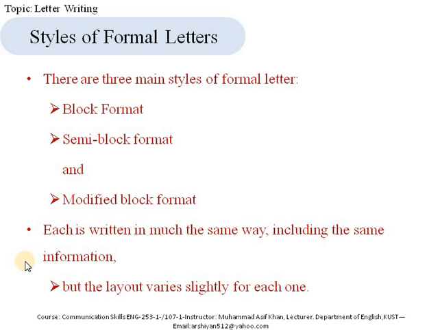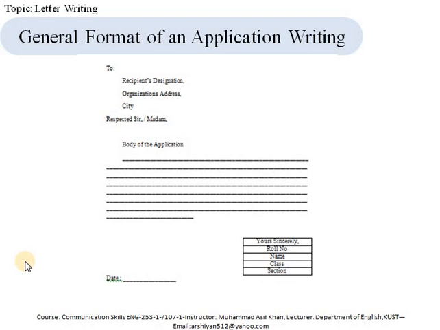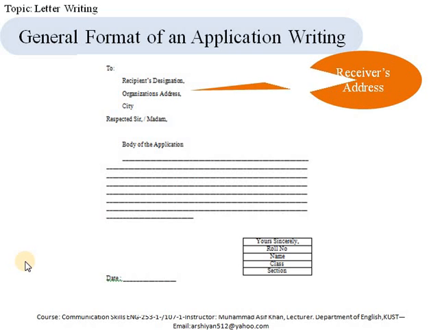Now let's move towards the last part, and in this part I am going to provide you the format of an application, and here you will see an application which we often write to government officials. In the first part we see that we have to add the receiver's address.